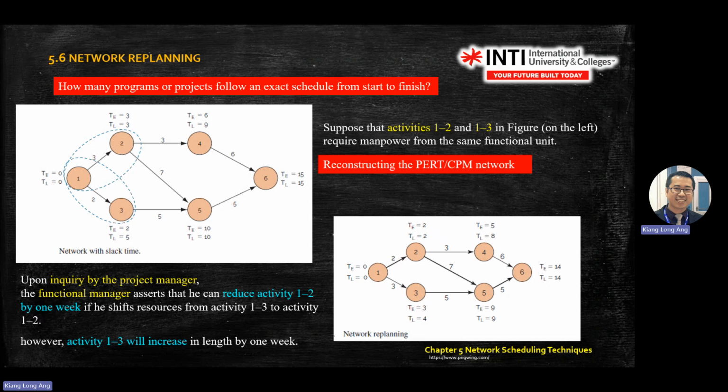Means you use back the original planning. Okay. The one that you see on the slide here is to show you that when you flip the 1 to 2, 1 to 3 sequence, you can save 1 week from there. The rest is the same. The process is still the same. Okay. This is called replanning.